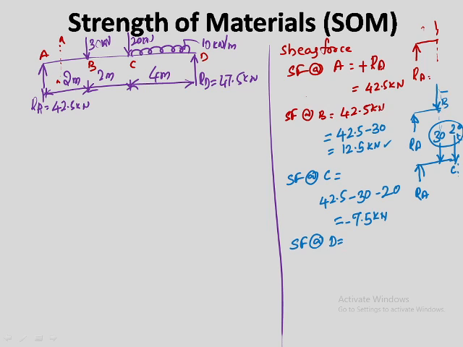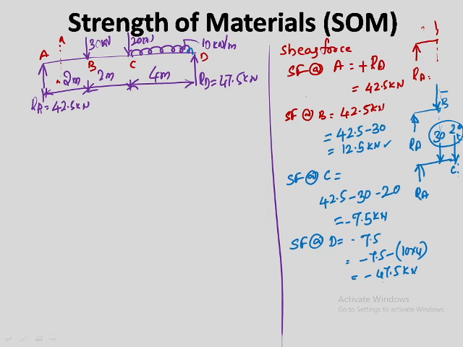Now you have a UDL between point C and D. Then the variation of the shear force is of a linear nature. So minus 7.5 kilonewton, minus 10 into 4, gives minus 47.5 kilonewton.